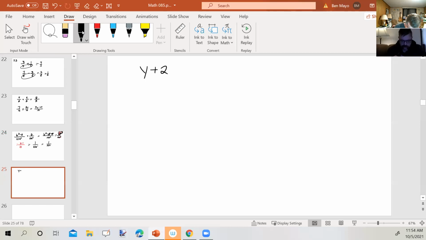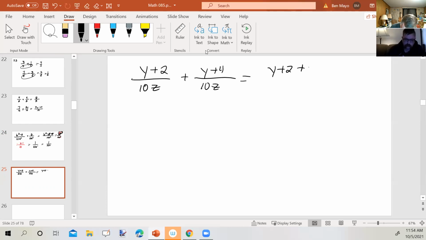y plus 2 over 10z plus y plus 4 over 10z. So we're adding two rational expressions with the same denominator. So we're going to add the numerators over the common denominator.